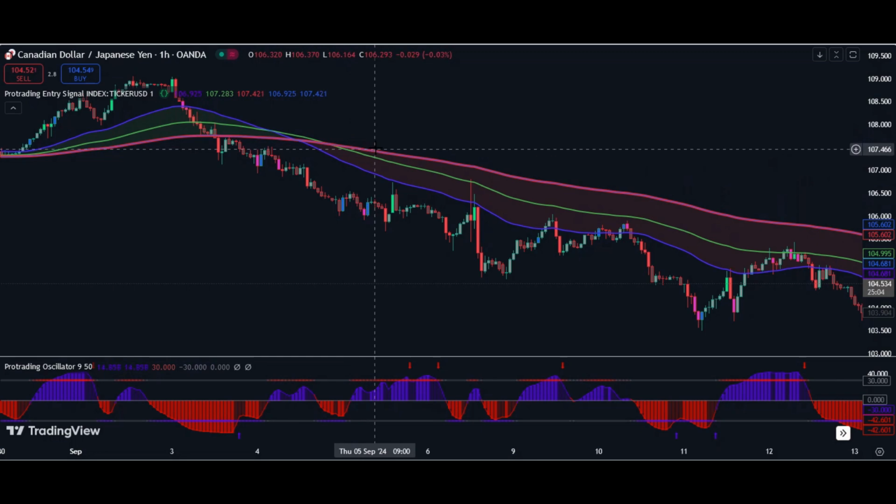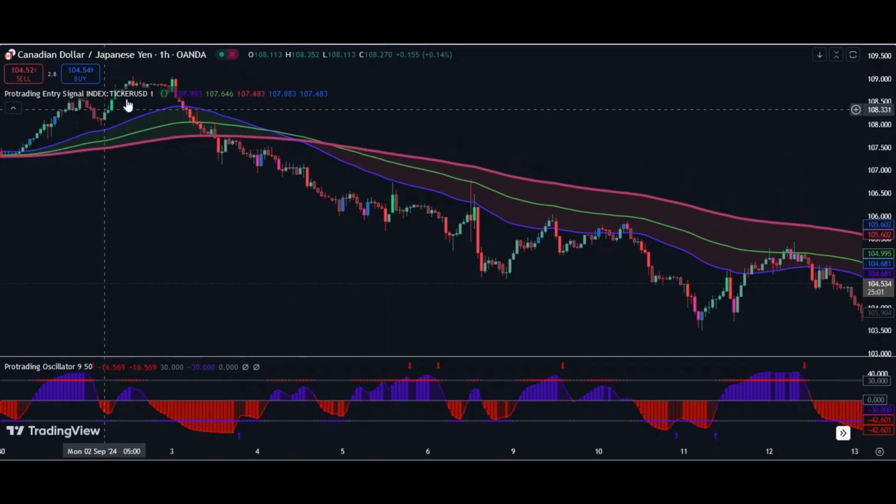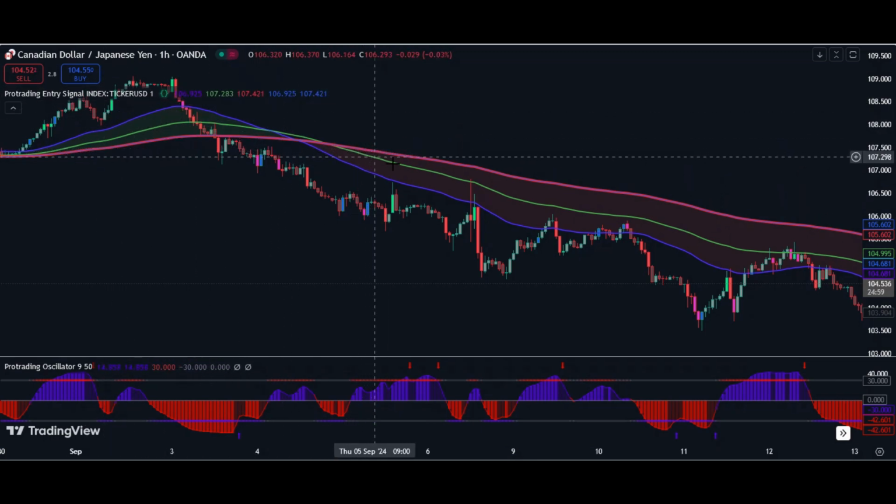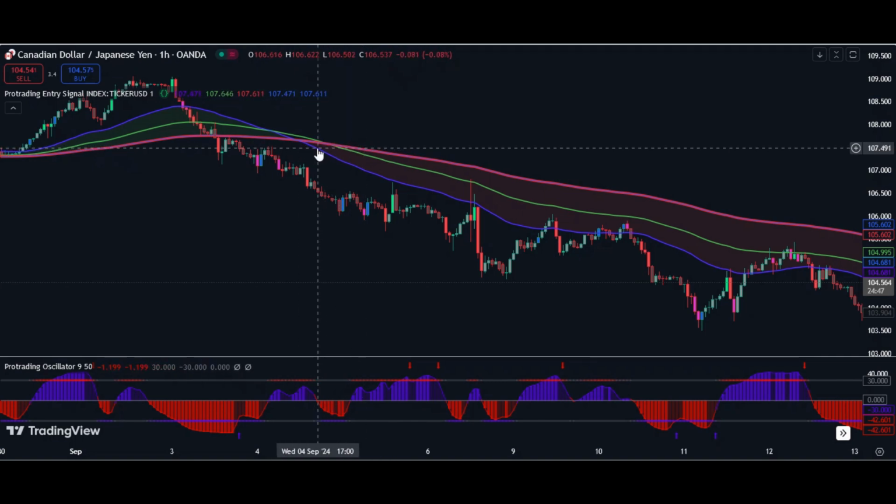Here you have a 200-day moving average, the green is the 100-day exponential moving average, and the blue is the 50 exponential moving average. When the 50 crosses the 100, and the 100 crosses the 200, from this very particular point you have identified a downward trend. This is the point where you get your downward trend.